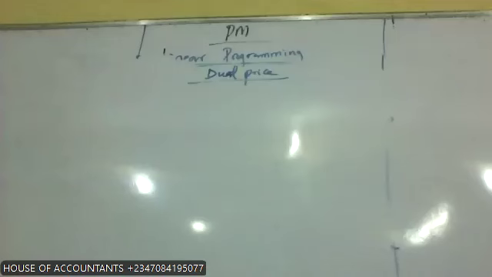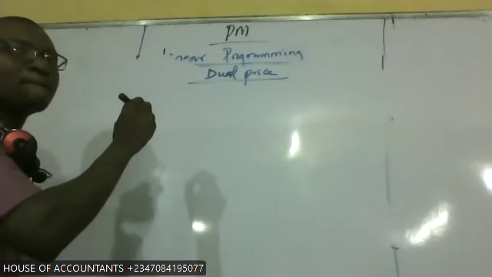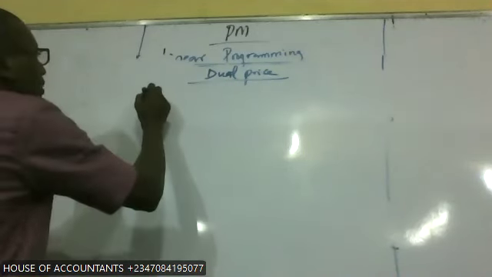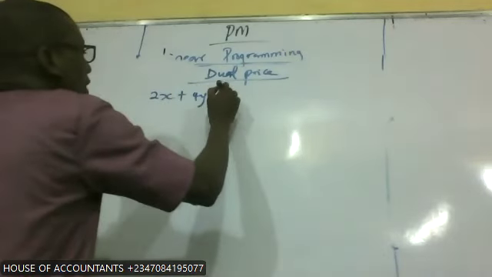It's the same thing. So the dual price, we know already that our optimal contribution is 110. What if it's increased by a unit? What is equation 1? 2x plus 4y equals 24,000.